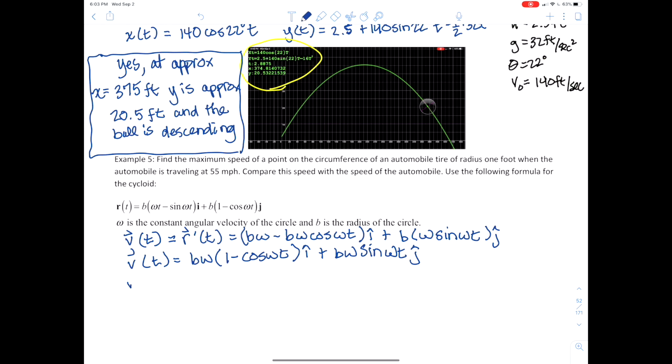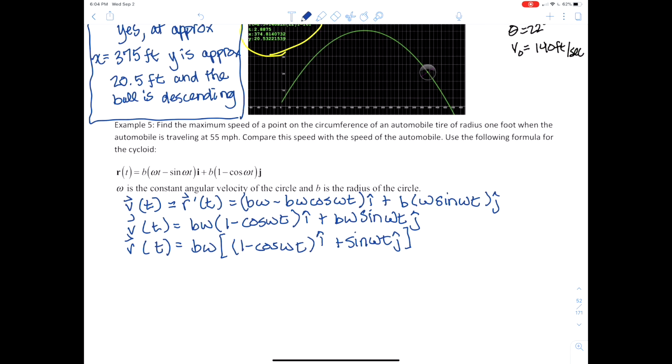And then, of course, you could factor out a complete omega from that, b omega, if you wanted. And then we would just get (1 minus cosine omega t) i, and then plus sine omega t j. Good? Okay, now the speed, remember, is the magnitude of v at t.